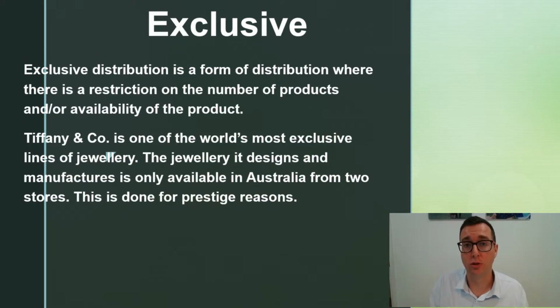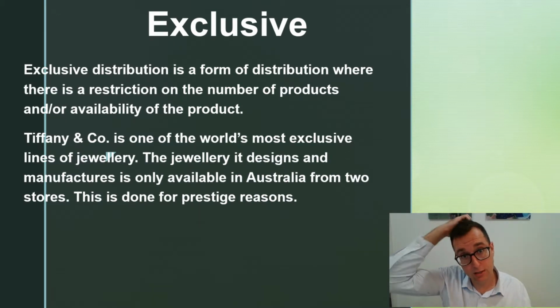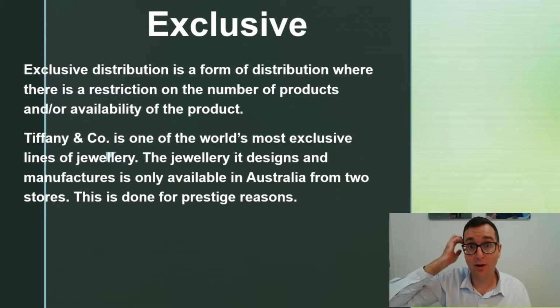Now, I'll go to the other extreme. Exclusive distribution is a form of distribution where there is a restriction, a limitation on the number of products that are available or sold. So very few or just one shop is allowed to sell your product. If we think of Tesla cars, the electric semi-autonomous cars, they're not sold in very many locations around Sydney.